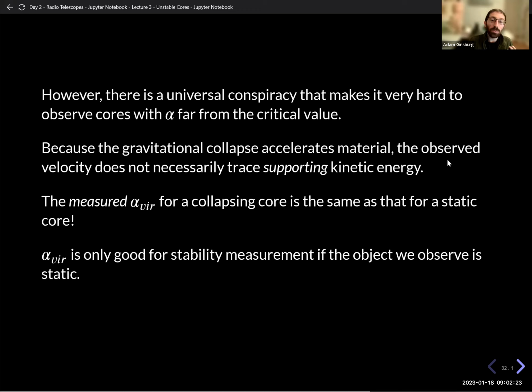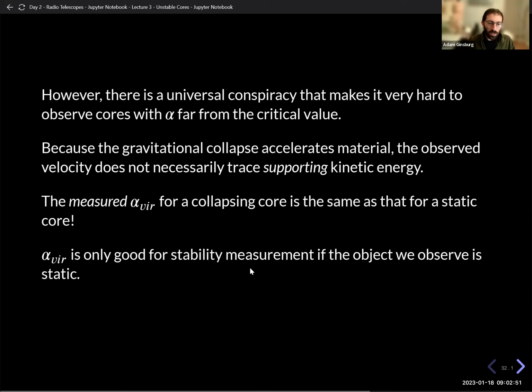It means that you will then observe a velocity that is basically close to the equilibrium velocity. That material gets accelerated, so what we see looks like it's close to gravitational equilibrium, even if it's actually collapsing. This is a problem that makes observational astronomy somewhat challenging. In other words, the measured virial parameter for a collapsing core will be the same as that for a static core.